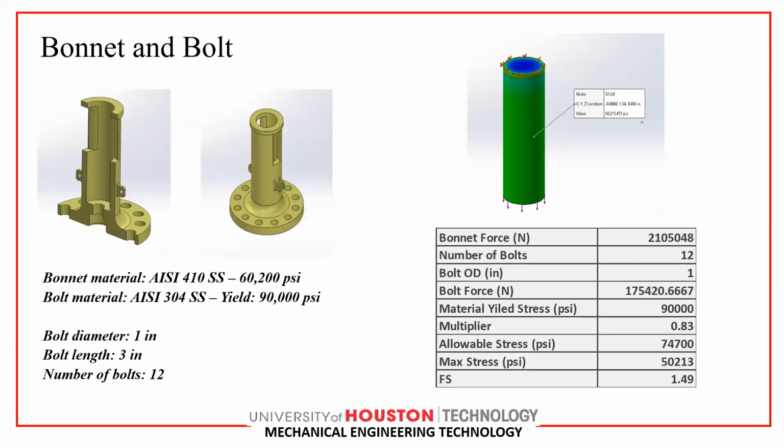So this slide is about the bonnet and bolt. Before we talk about the specifics of the design of the bonnet, I'd like to talk briefly about the bonnet. We know the bonnet is the second main part of the valve to retain pressure. The bonnet and the valve body are retaining pressure.